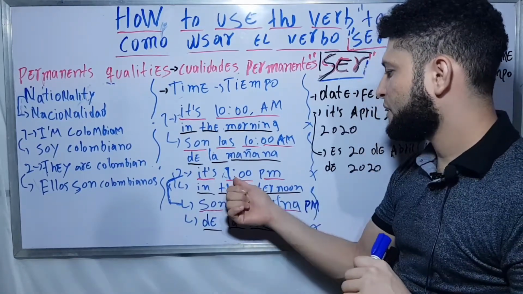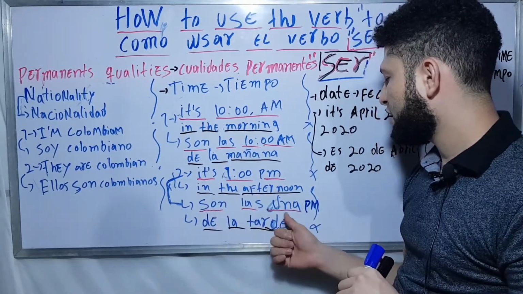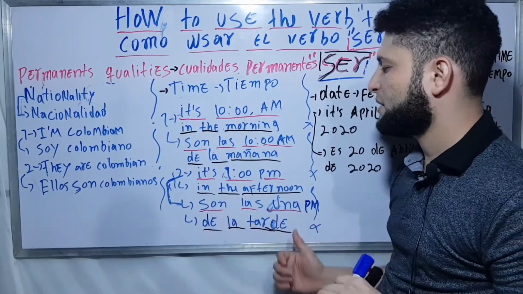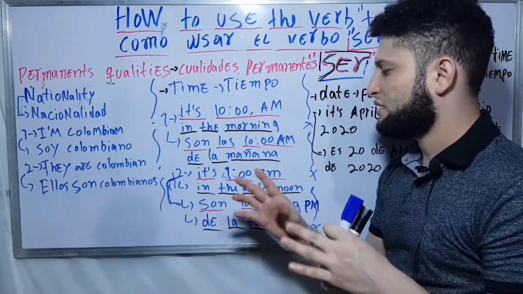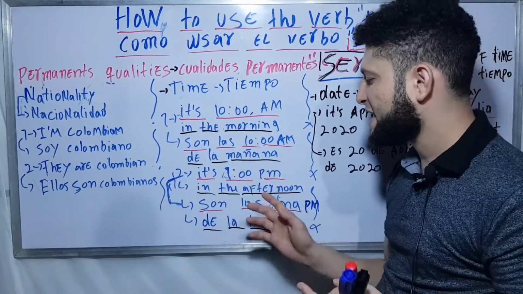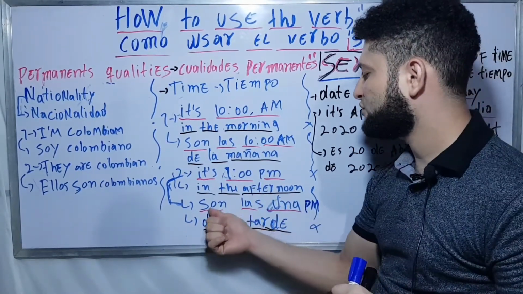Now it's 1 p.m. "Son las 1 p.m." As I said previously, it doesn't matter if it's 1 p.m. or 1 a.m., you will say all the time, always, "son las 1."